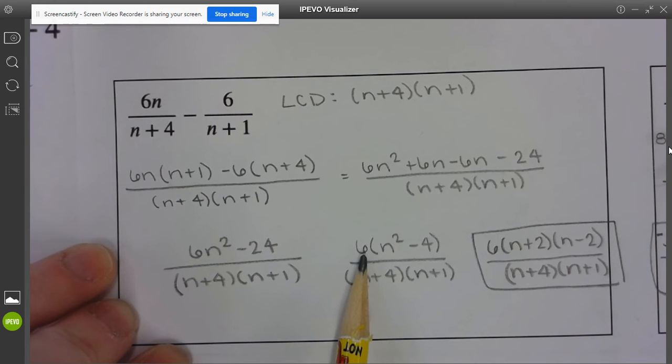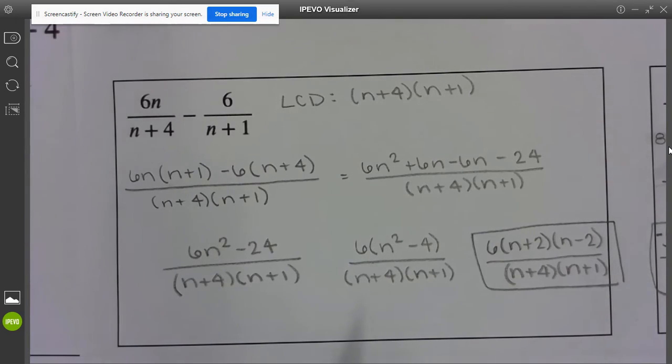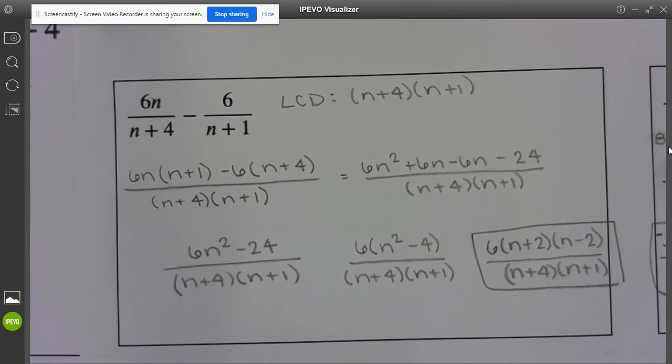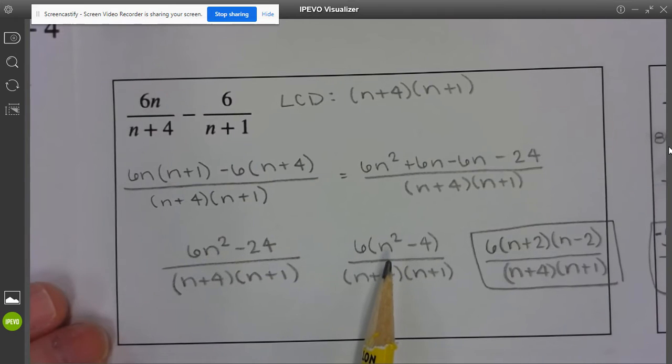So I need to factor out that 6 and see if I can go any farther. Our answers are always going to be as simplified as possible, which means we are going to have to factor as much as we can to see if there's any common factors in the numerator and the denominator. If there's not, we just leave our answer in its simplified factored form.